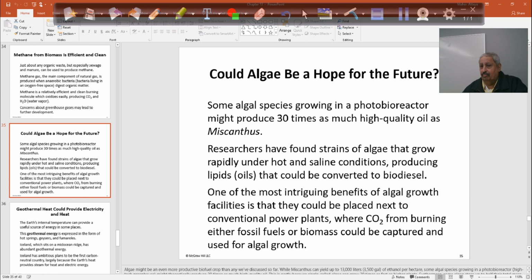Could algae be a hope for the future? Yes. This is still recent studies. They use special algaes to help reduce some of those fuels. So if you can have some source of compound and bootlet instead of fungi or bacteria, you put algae instead, and they will give you a high quality of oil, high quality of maybe ethanol, depending what type of algae you use.